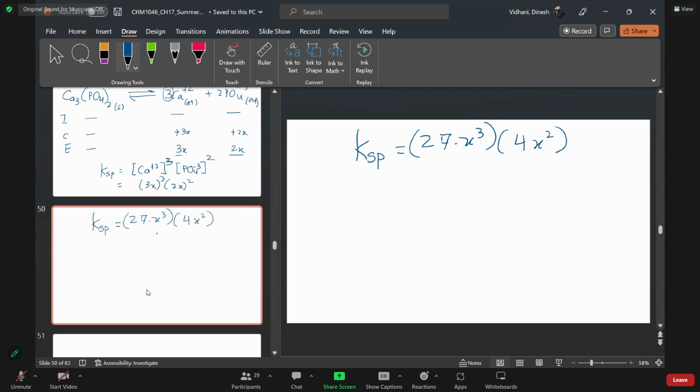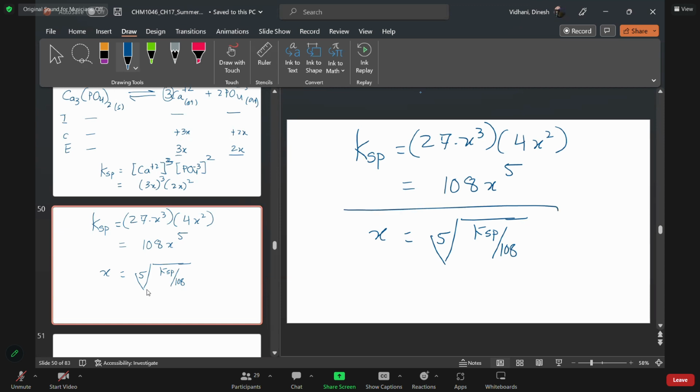Is it correct? So it's the fifth root of KSP divided by 108.